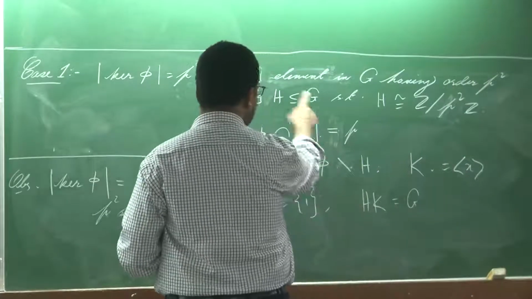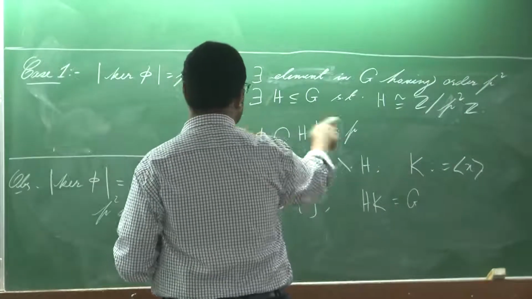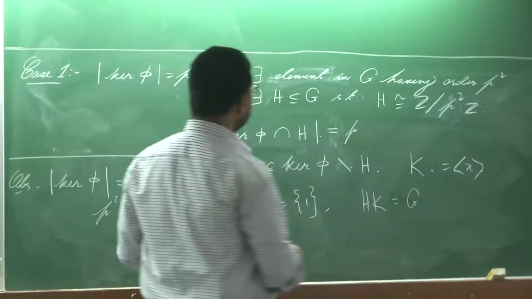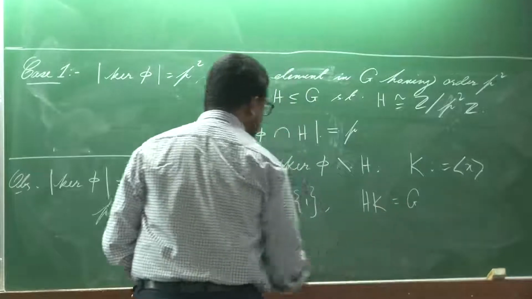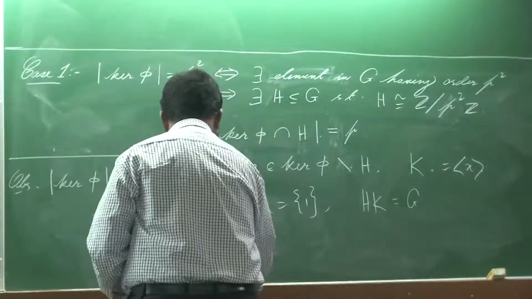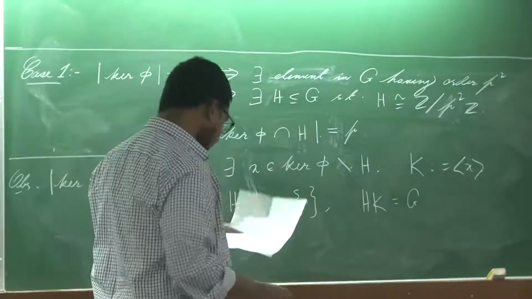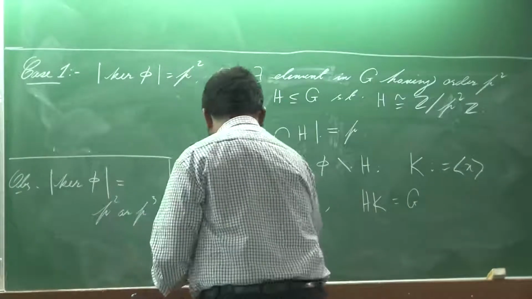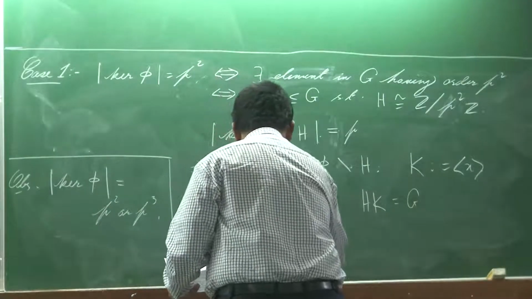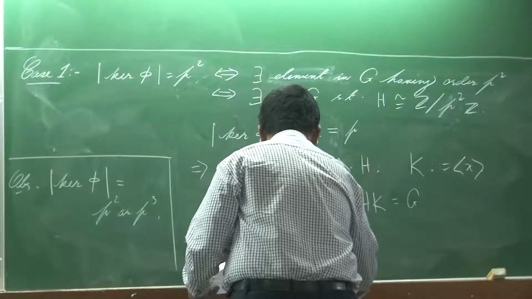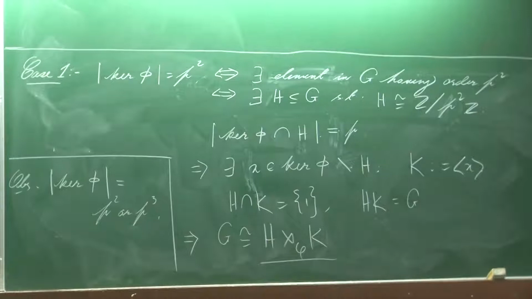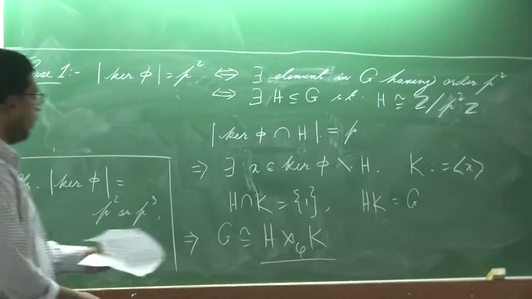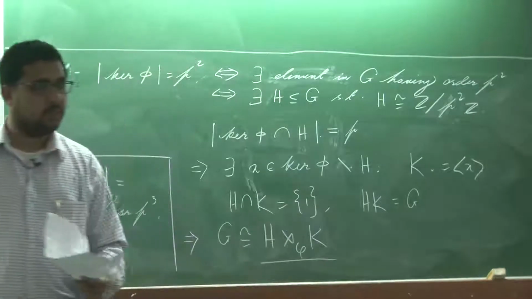So H is normal, right? H is normal because it has index equal to the only prime dividing the order of G. K is a subgroup with these two things true, hence by the recognition theorem G must be isomorphic to the semidirect product of H and K for some non-trivial homomorphism phi. It has to be non-trivial because G is nonabelian.